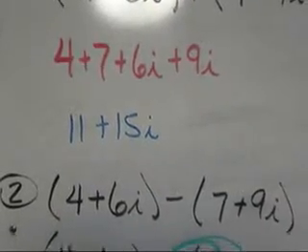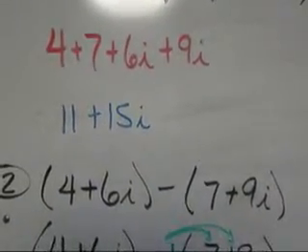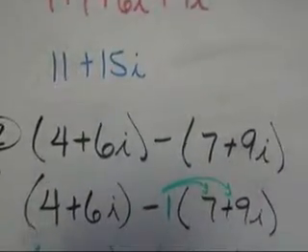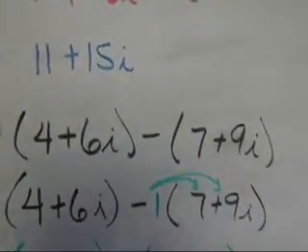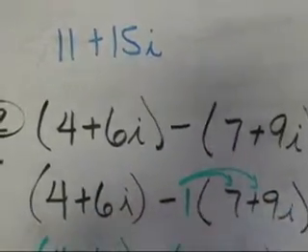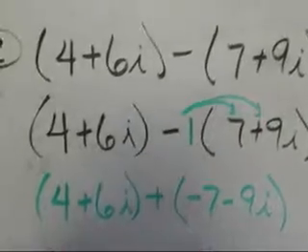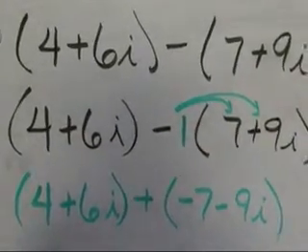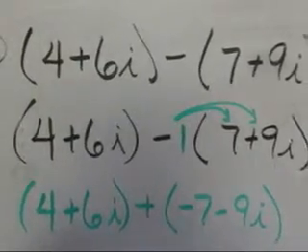Now with subtraction, you need to be careful. What I like to recommend to my students is to remember that behind the minus sign in between the quantities, there's really an invisible 1. So I really should distribute the -1 through the quantity of 7 plus 9i. So it becomes an addition problem: 4 plus 6i plus, in the quantity, -7 minus 9i.